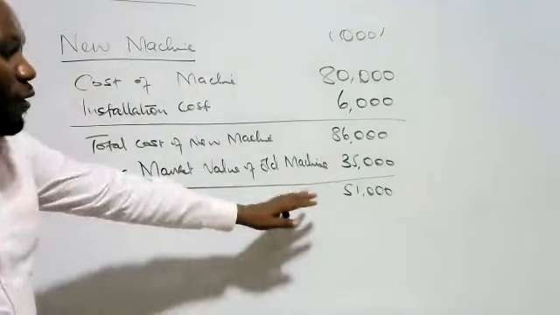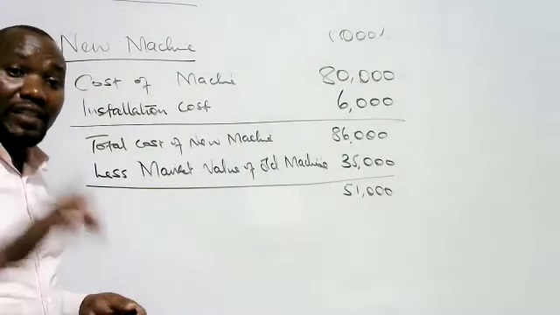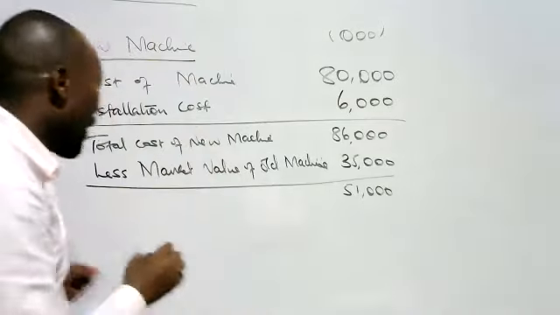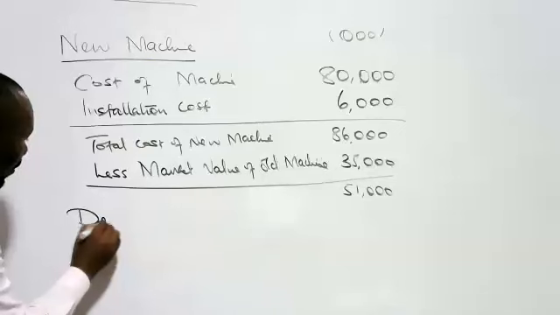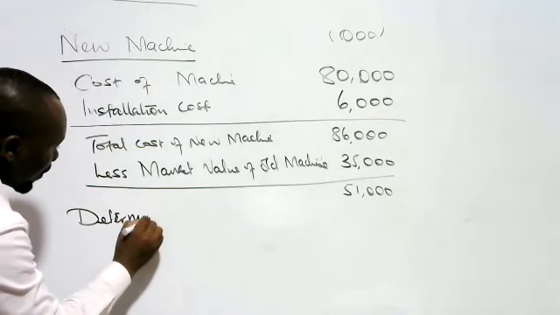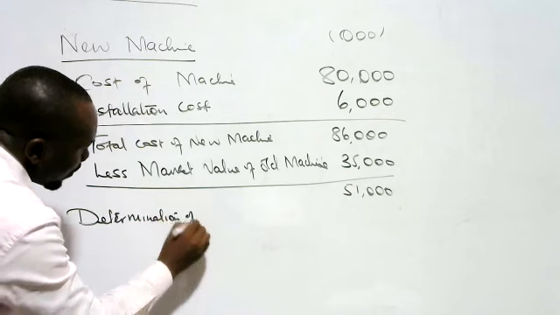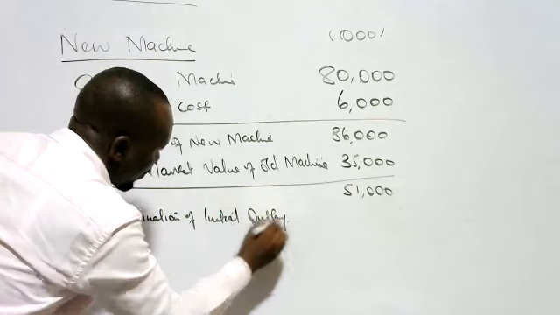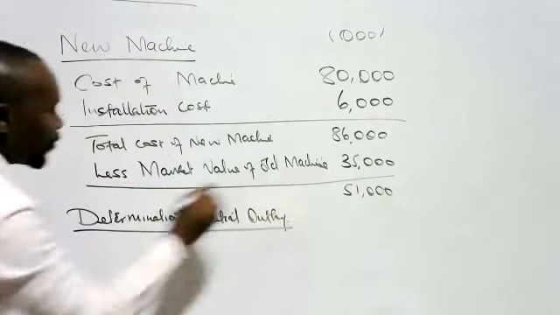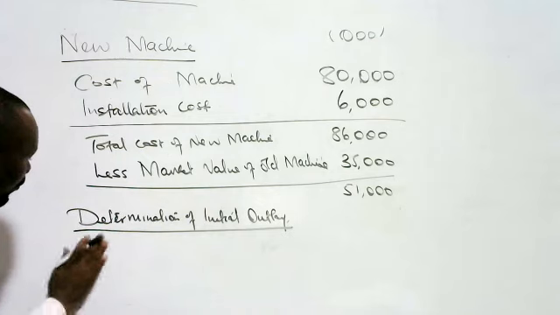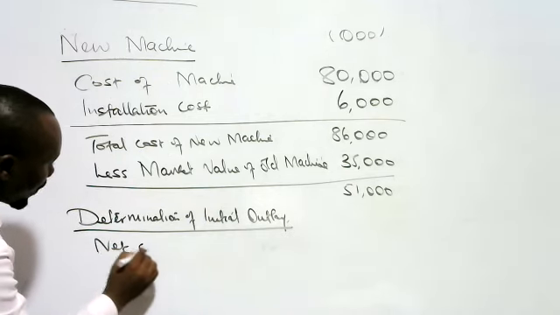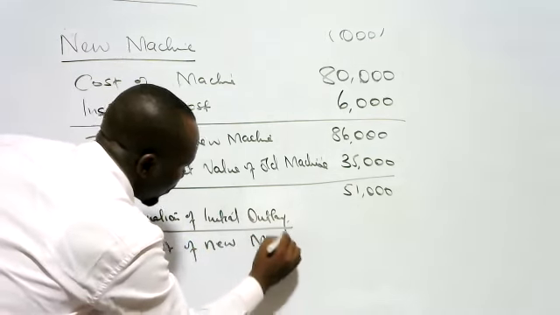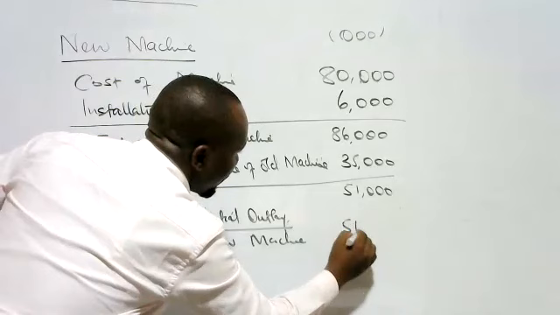Now, this is the amount that you've given out to buy the machine, but it's not the only cost. We are now determining the initial outlay. Now you come and say, determination of initial outlay. So you start with the net cost of buying the machine, net cost of new machine, which is now 51 million.